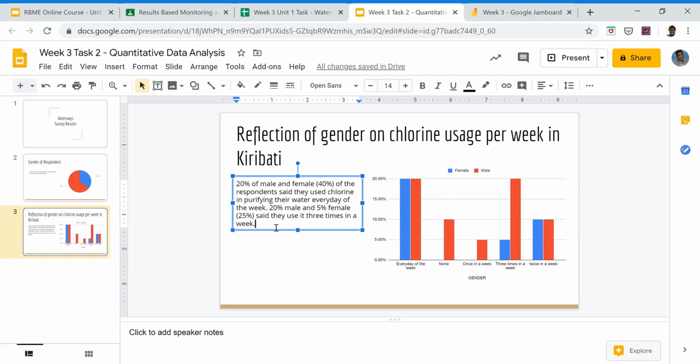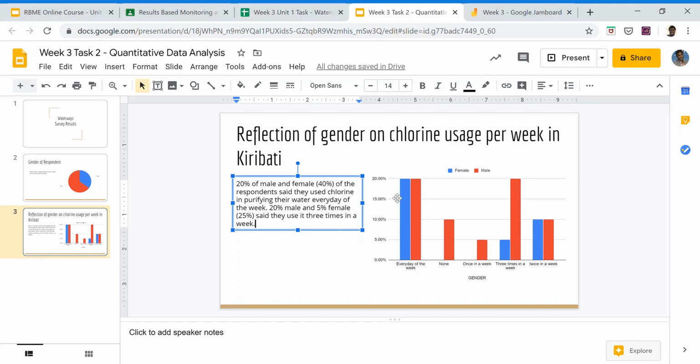But in quickly reporting, you would say that yes, 65% of the respondents said that they use chlorine more than 3 times in a week to purify their water. So that's a cool statement to make about that. So yeah, that's how you go about this.